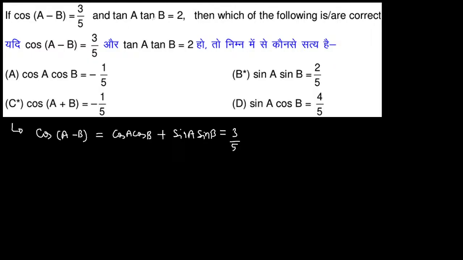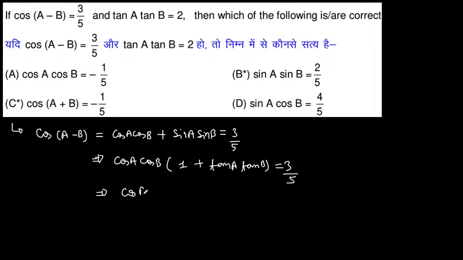Okay, we are given tan A tan B. If we take cos A cos B common, we are going to get 1 plus tan A tan B, which is equal to 3 by 5. From here, if we put the value of tan A tan B, we'll get this as 3.